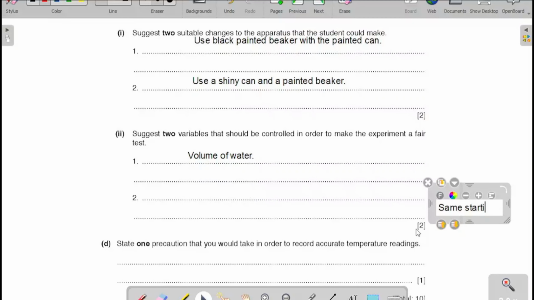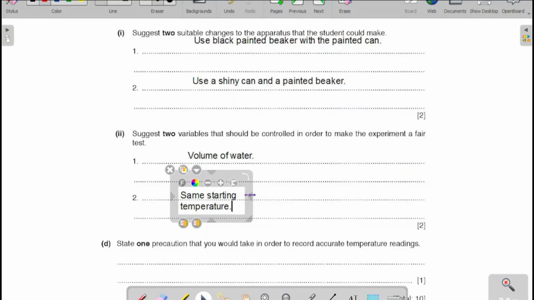Same starting temperature. I'm going to give you one more. I'm only going to write 2 here. Same starting temperature and room temperature.